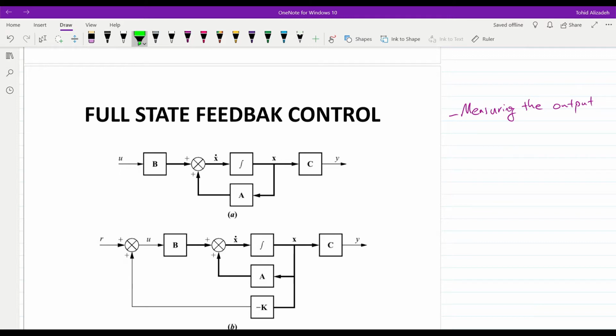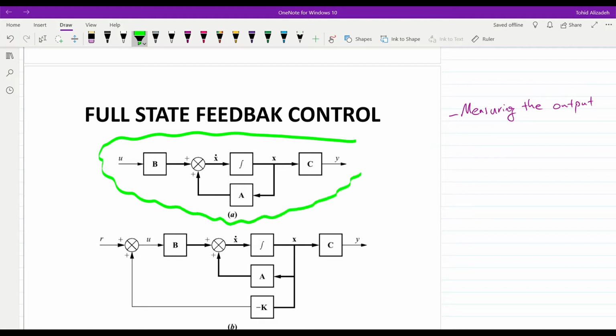So what you see here in the first part of the block diagram is the state space model of the system itself. So this is indeed what we have for G_P(s), which could be represented in the state space form. We have x dot, which is equal to A times x plus B times u.